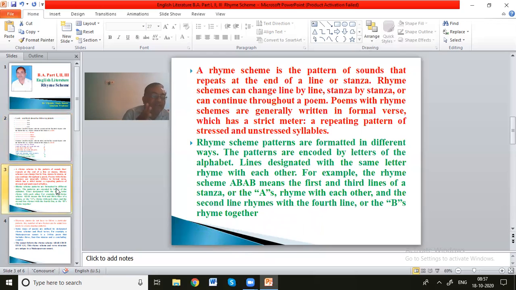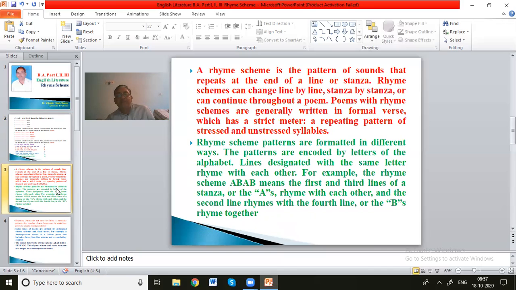Now the technical definition of rhyme scheme. A rhyme scheme is the pattern of sounds that repeats at the end of a line or stanza. Rhyme schemes can change line by line, stanza by stanza, or can continue throughout a poem with the same rhyme scheme.